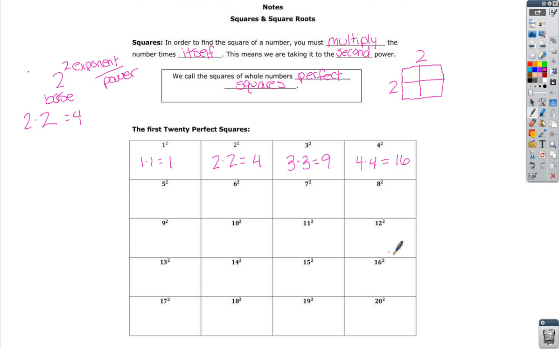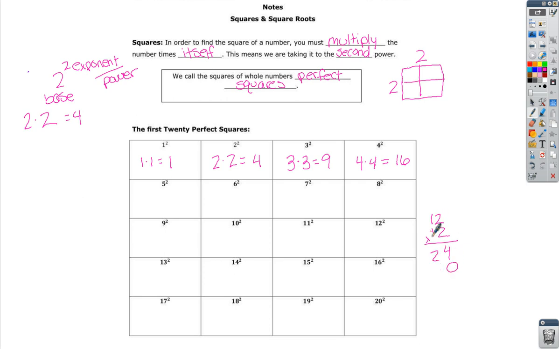Now, when you get down to these trickier ones that are bigger and you don't use as often, it's important to remember them, but it's also important to know that you can just multiply them up and down if you don't have a calculator. So think of what 12 squared is. It's 12 times 12, but let's multiply it. So 2 times 2 is 4. 2 times 1 is 2.